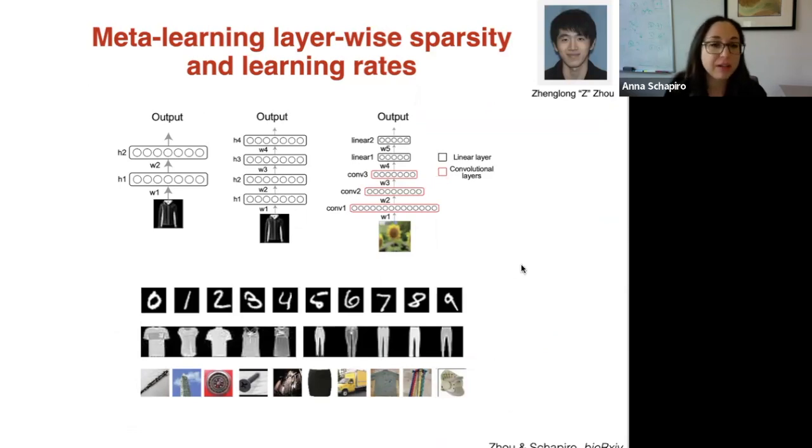So we took a variety of model architectures and a variety of data sets. And we find that the principles seem quite broad, actually surprisingly to me, across these different data sets and architectures. So like deep feed-forward, fully connected networks of different depths, and then convolutional networks.